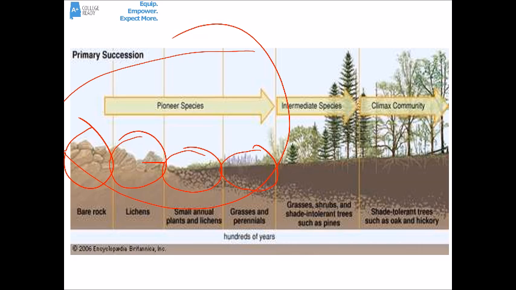Then we get intermediate species, things like grasses, shrubs, and some trees that can handle environments that are really sunny, things like pine trees. Again, they help to cause the soil to get deeper and deeper. And eventually, we get more shade-tolerant trees, things like hickory and oak, hardwoods.